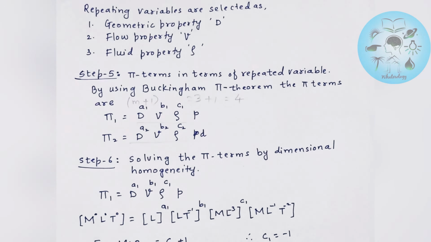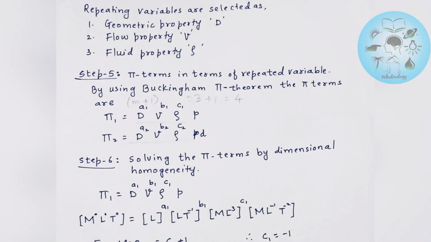Now the third one is comparing the powers of L. On the left hand side the power of L is 0, and on the right hand side the L power is A1 first, plus in the second term again there is an L, 1 into B1 becomes B1. Why are we taking it as positive? Because all the terms on the right hand side are in multiplication form.